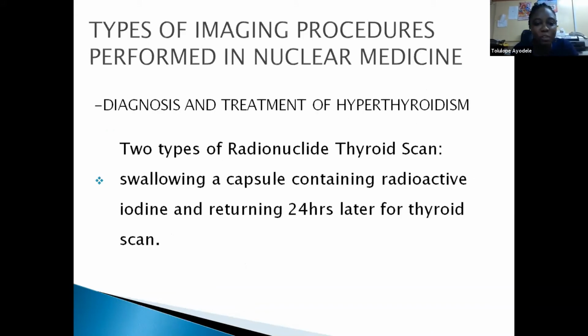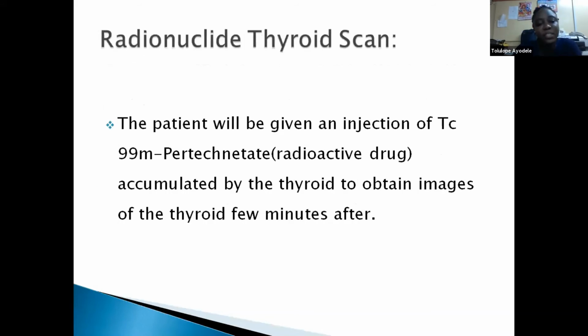Let's look at one of the applications of a nuclear medicine scan. We use iodine-131 for a thyroid scan. Once there's an indication for thyroid disease, hyperthyroidism, or thyroid cancer, the patient could be offered a nuclear medicine scan for the diagnosis and treatment of the thyroid disease by swallowing a capsule of iodine-131 and returning 24 hours later for the thyroid scan.